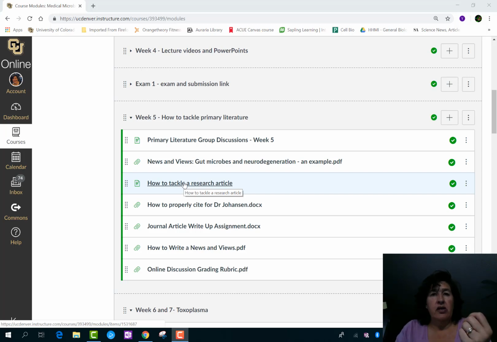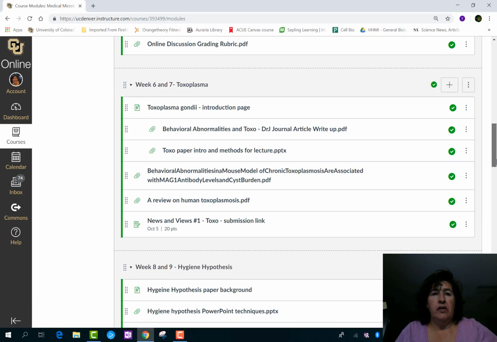Research articles sometimes are written kind of dry. They have lots of different sections, and it's important to understand how to tackle them. For instance, you won't be reading a lot of the materials and methods until you're using it to understand the results section.